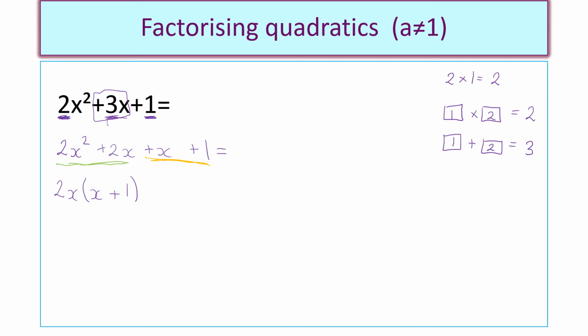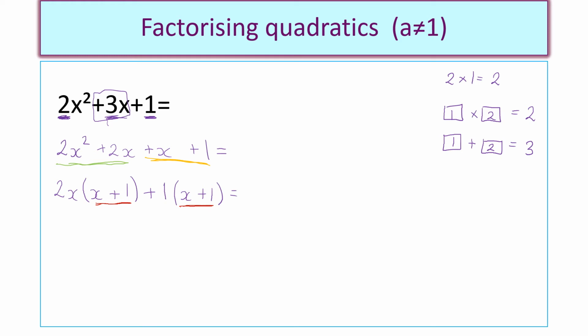Now I'm going to move on to the other two terms. What you're trying to achieve here is to get the same expression inside the bracket. So here I'm going to put 1 times x plus 1, so that my bracket has the same expression in it. Now we're going to factorize this expression.